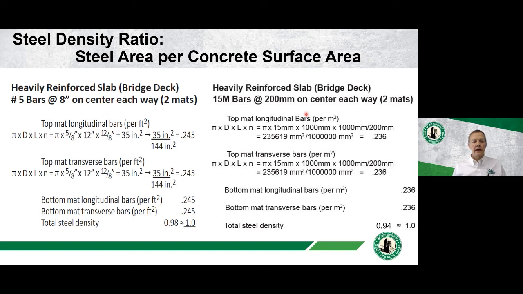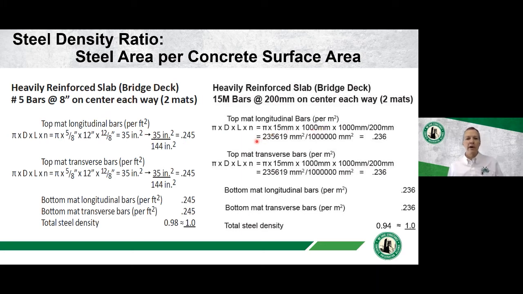And you're going to calculate the surface area. At first, you're going to look at the top mat of bars in the longitudinal direction, and calculate the number of bars and the total surface area of those bars within either 1 square foot or 1 square meter of surface area that you're working with.